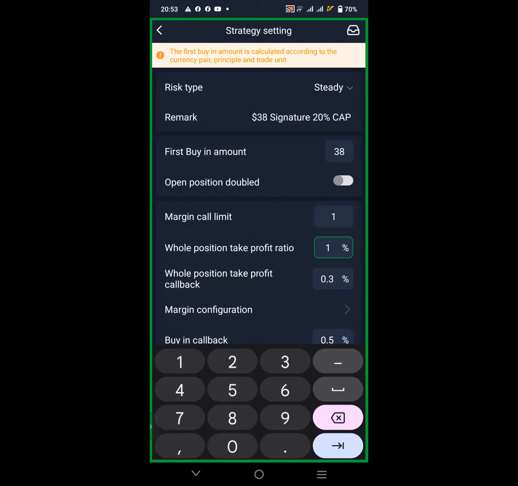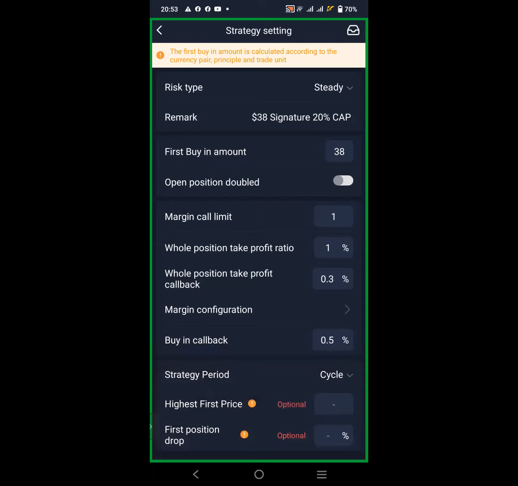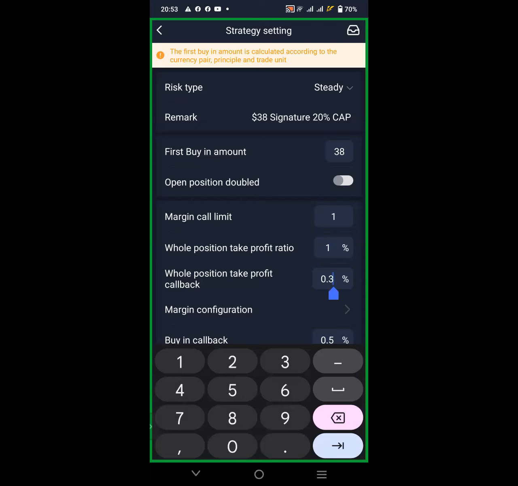So now, Coyote, what we see there on the whole position take profit callback, let's change 0.3 and make it 0.001. We want it to be like this, ladies and gentlemen, because it's Leader Grace Joseph who introduced us to this good setting, 0.001.